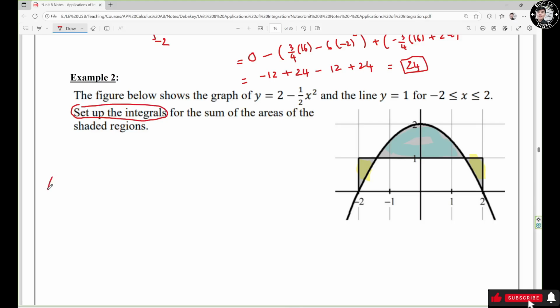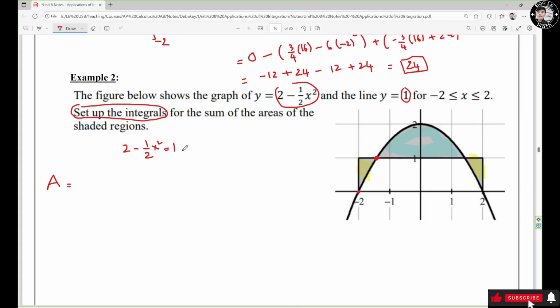So the area becomes, now you need to find the intersection right here first, right? You know that the first intersection is here, so you let this guy right here equal this guy, to solve for s, right? So you have 2 minus 1/2 s squared equals 1.